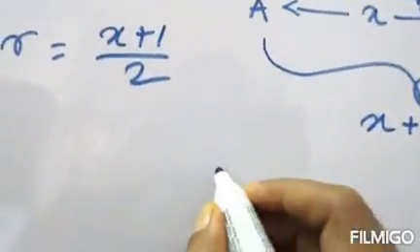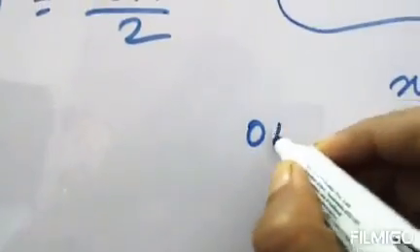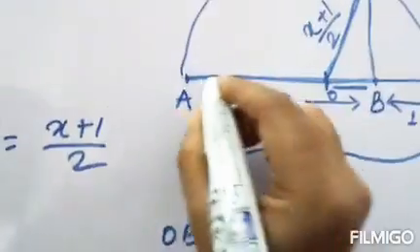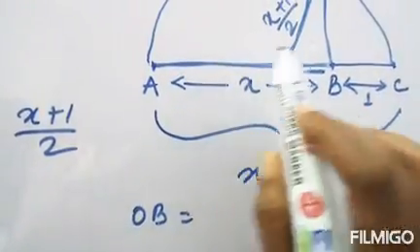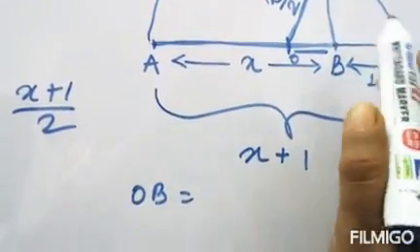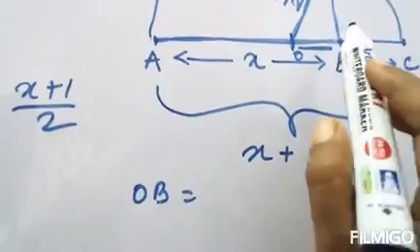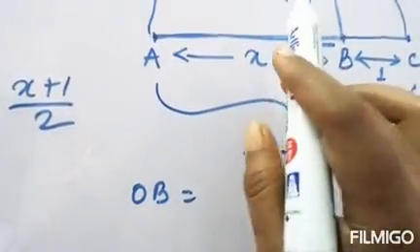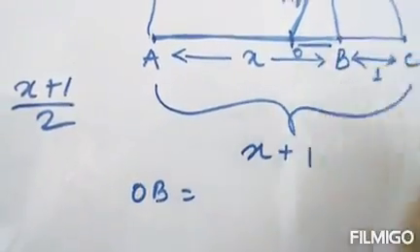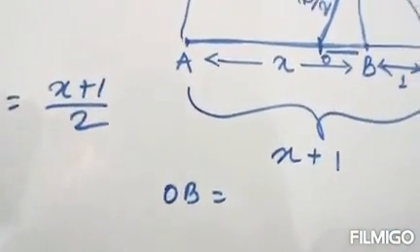What will OB be? The whole length is x plus 1. From there if I subtract this x portion, what will remain? The OB portion, right?